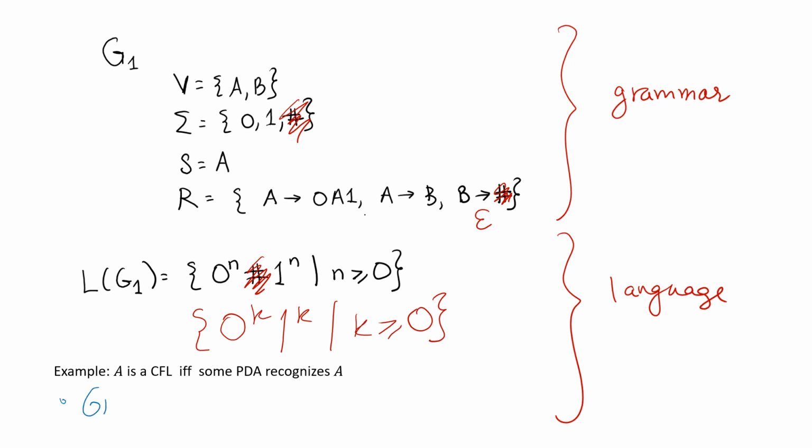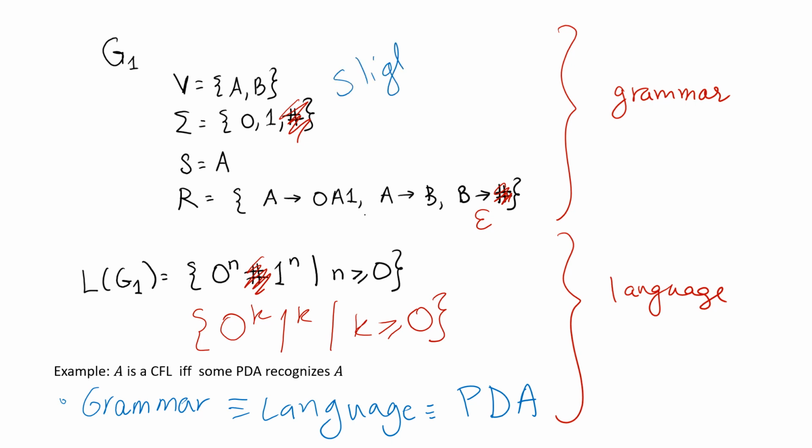Hey, this is a grammar with an equivalent language and an equivalent pushdown automata. It just looked a little bit different before. And this hopefully starts to convince you that A is a context-free language if and only if some pushdown automata recognizes A. Again, not a proof, just a simple little example.